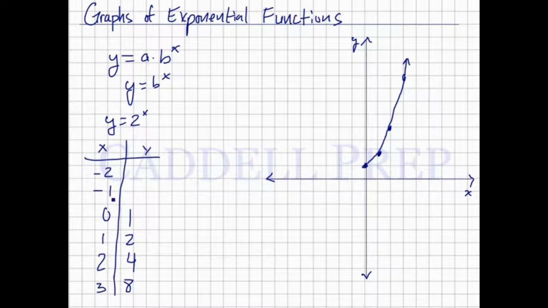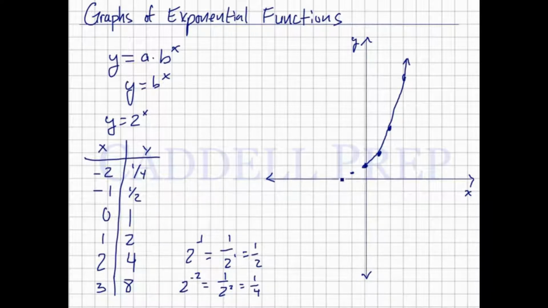Alright, what about when x is negative 1? So let's take a look at this. That would be 2 to the negative 1, which is really 1 over 2 to the first, or more simply 1/2. So we see it still continues to go downward here. Then when x is negative 2, we have 2 to the negative 2, which is 1 over 2 squared, which is 1/4.